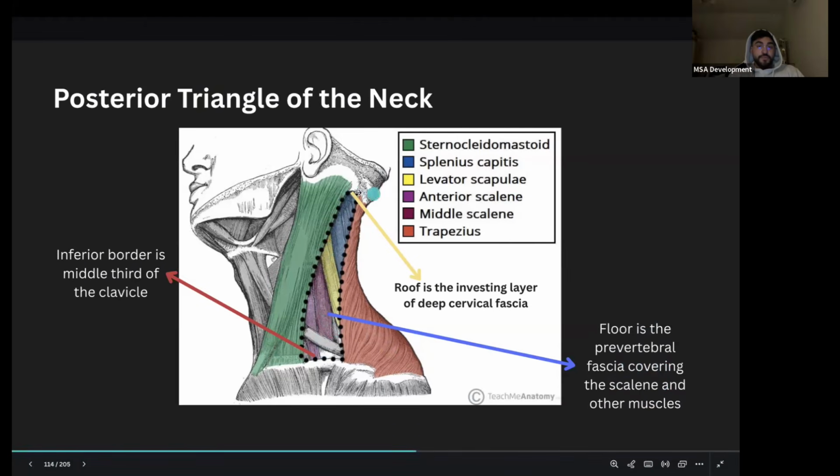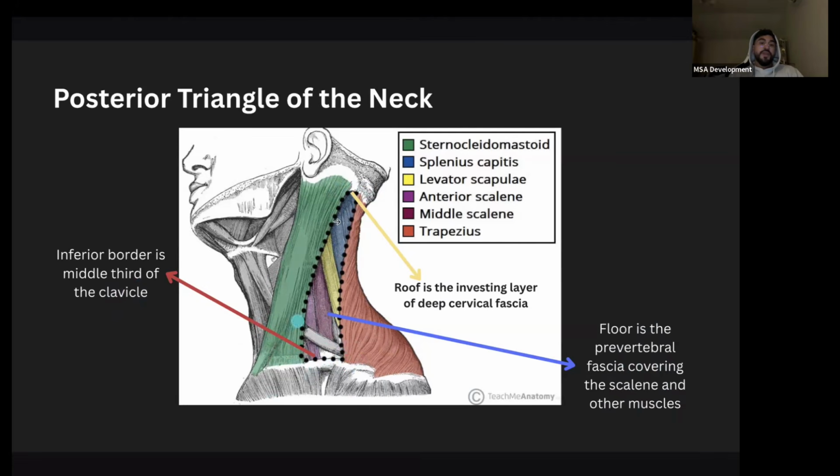And the roof, superior part, is going to be the investing layer of the deep cervical fascia. And inferiorly is going to be the middle third of the clavicle, just right here. And anteriorly, it's going to be the sternocleidomastoid. Posteriorly, it's going to be your trapezius.